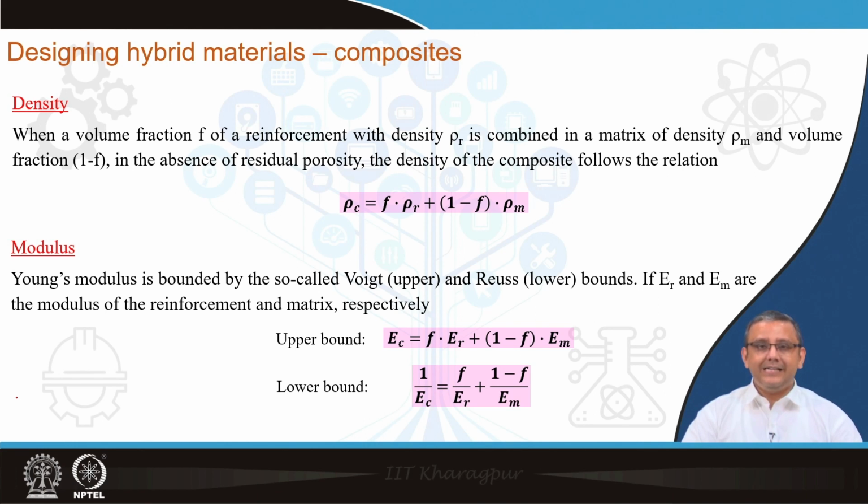So, basically the idea is that whatever be the amount of the composite's reinforcement, whatever be the volume fraction, whatever be their orientation, whatever be their distribution, the modulus of the composite must lie within this upper bound and the lower bound if there is no other porosity or other phases present.